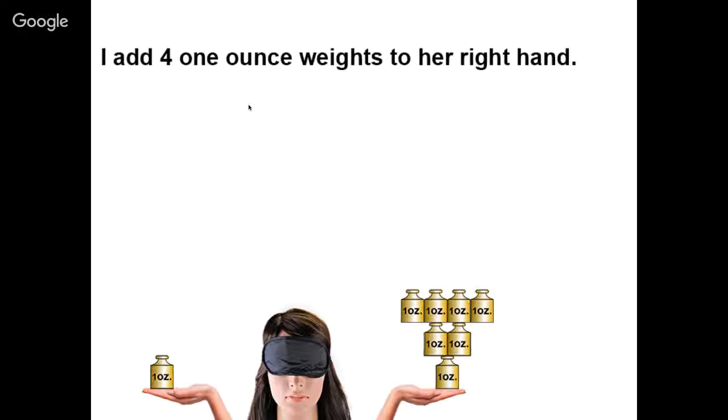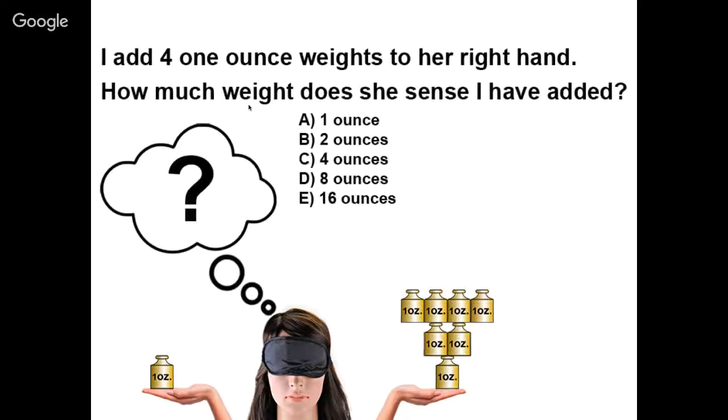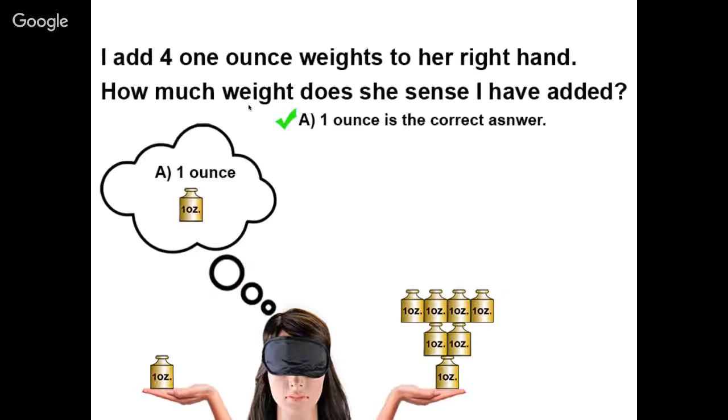Now again, the total weight here, it's building. I'm not asking her for total weight. I'm asking her if this 4 ounces that I just added here, does she sense that as 4 ounces, or does she sense that is this 1 ounce? And the truth of it is, she senses this as 1 ounce.